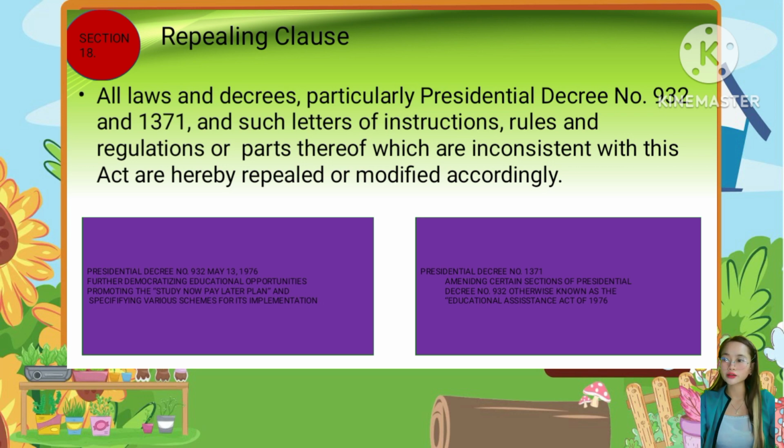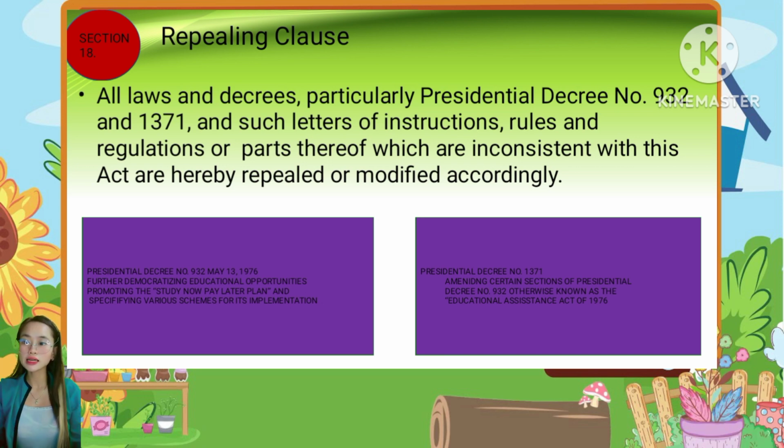Presidential Decree number 932, of May 13, 1976, further democratizes educational opportunities, promotes the Study Now, Pay Later plan, and specifies various schemes for its implementation. And Presidential Decree number 1371 amends certain sections of Presidential Decree number 932, otherwise known as the Educational Assistance Act of 1976.